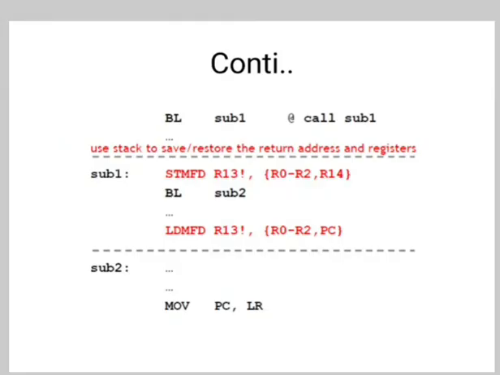To get back to the calling routine, the value saved by the branch and link instruction in R14 must be copied back into the program counter.